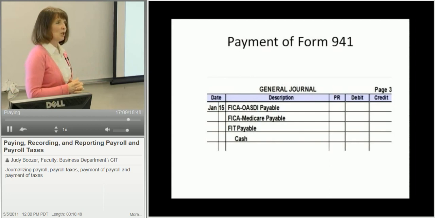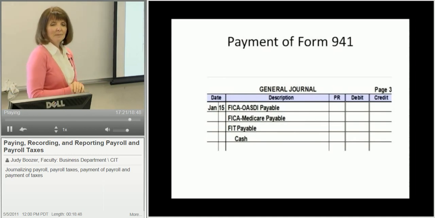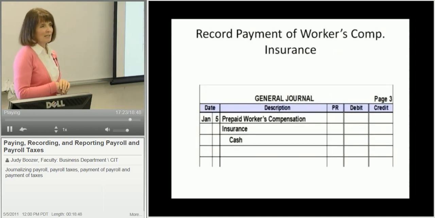Could be we'd use the account payroll cash if you had that account. But otherwise, just the account cash is used. Now, we talked a little bit last time about workers' compensation insurance.